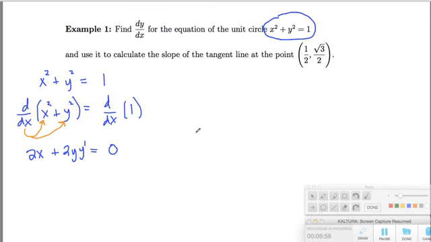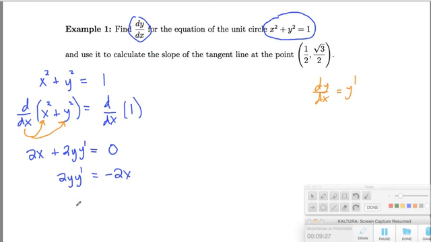So at this point, we've taken the derivative on both sides. Now, since they asked us to find dy dx, we're going to go ahead and do that. Now remember, dy dx is the same thing as y prime. So to finish this up, all we've got to do is solve for y prime. So 2y y prime equals negative 2x, right?